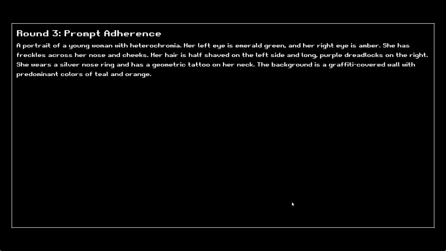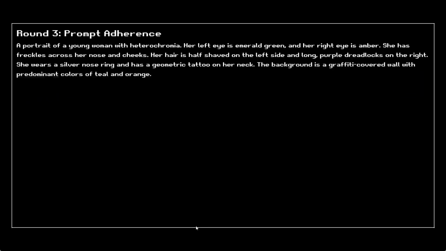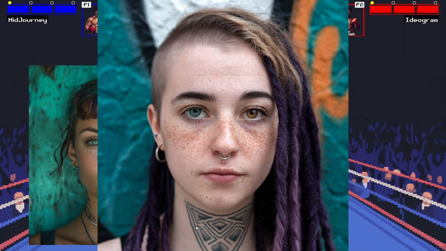She wears a silver nose ring and has a geometric tattoo. And look, that's a geometric tattoo. That looks like a tattoo somebody might actually get. It's coherent. It doesn't look weird. It's amazing. And then we have the background: a graffiti covered wall with predominant colors of teal and orange.